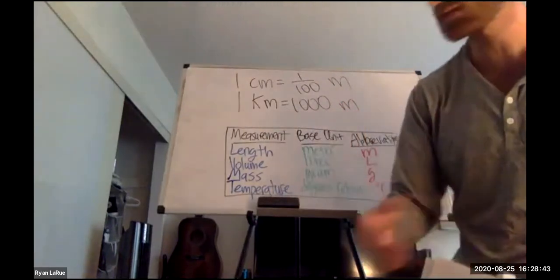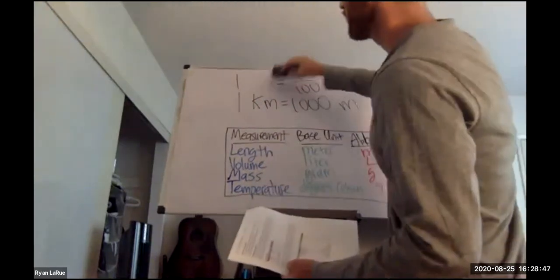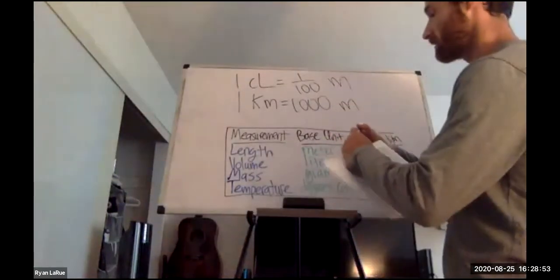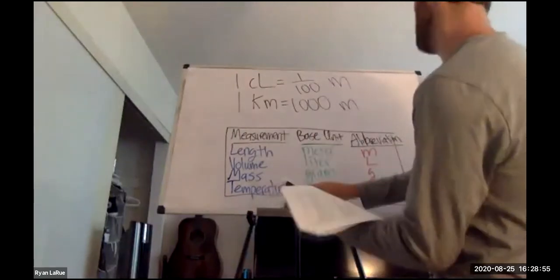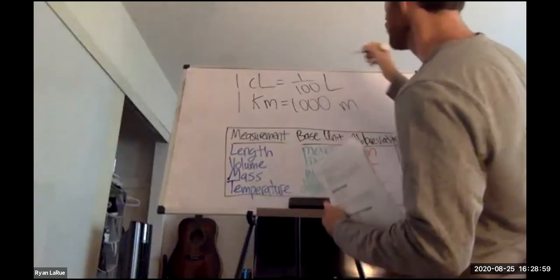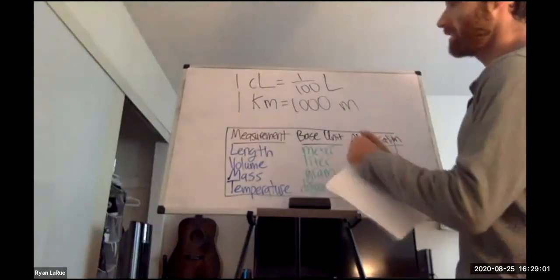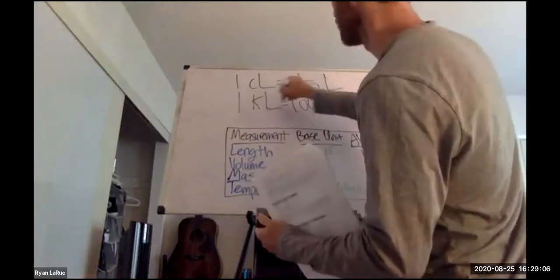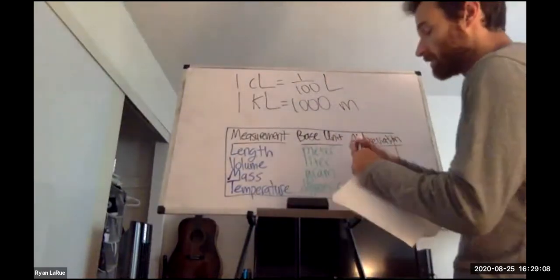If we're doing liquid volume, you could say 1 centiliter with a capital L equals 1/100th of a liter. So 100 centiliters are in 1 liter, and 1 kiloliter equals 1,000 liters.